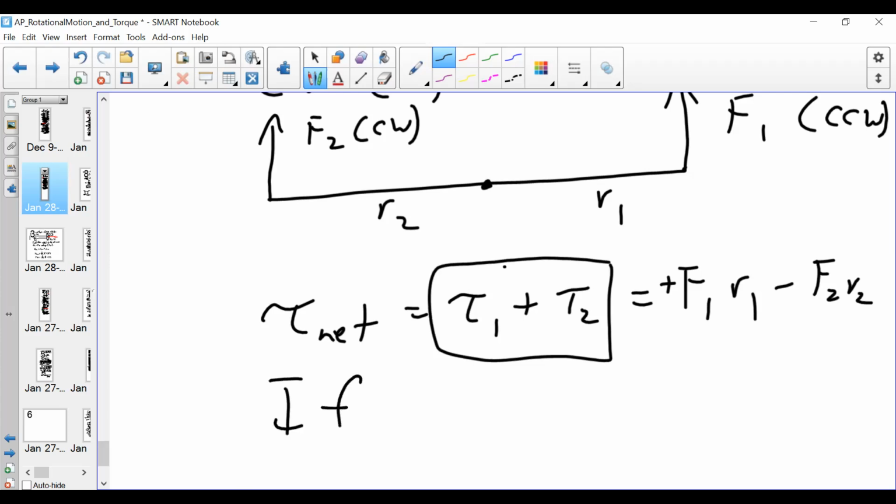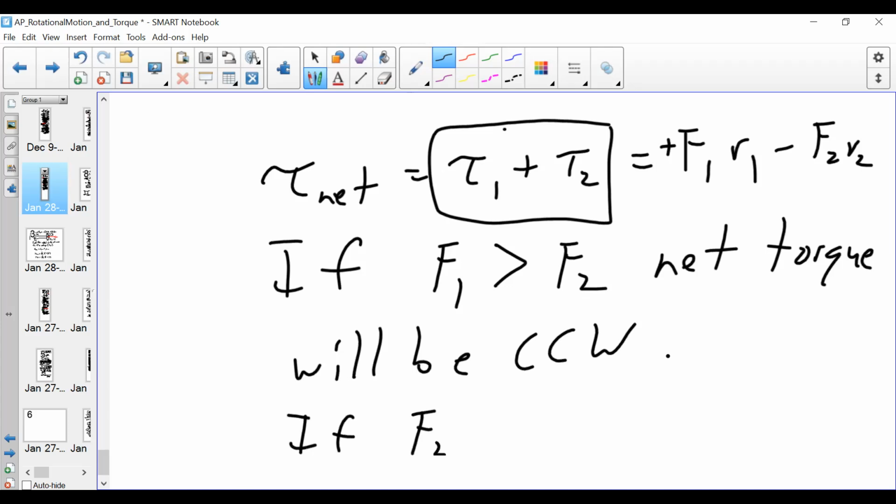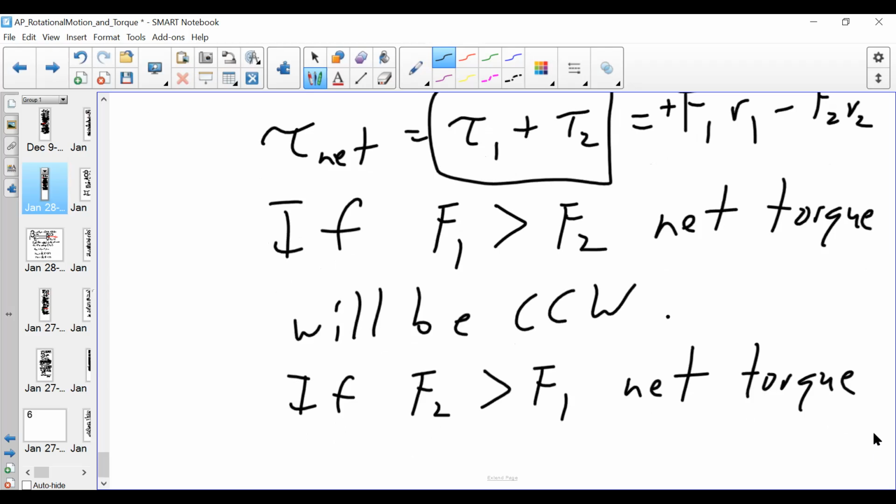So if the first force, F1, is greater than F2, the net torque will be counterclockwise. And if F2 is greater than F1, net torque will be clockwise, or negative.